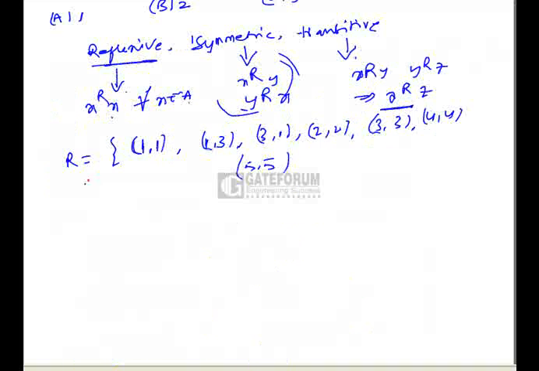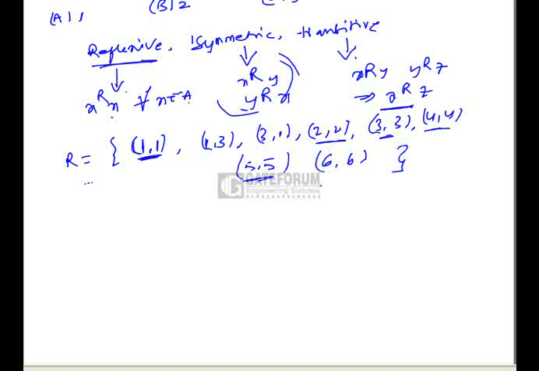Here it is given that R should be equivalence. So it should be reflexive. For reflexive, 1 to 1, 2 to 2, 3 to 3, 4 to 4, 5 to 5, and also 6 to 6 should be there. So here 6 to 6 is missing. So we will add 6 to 6.